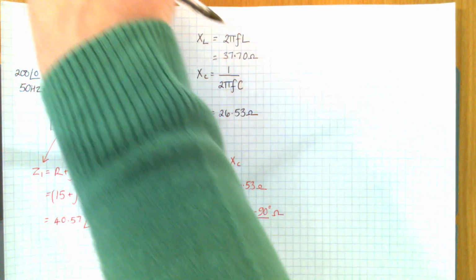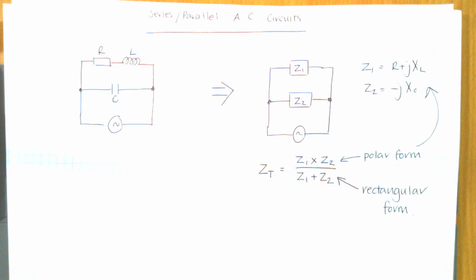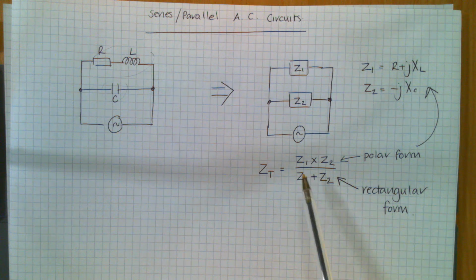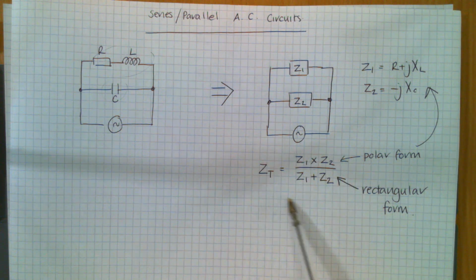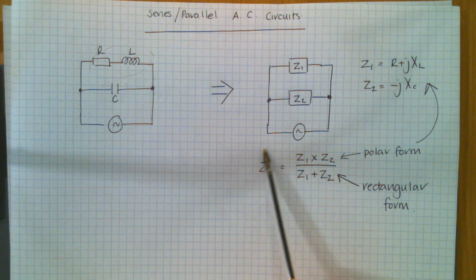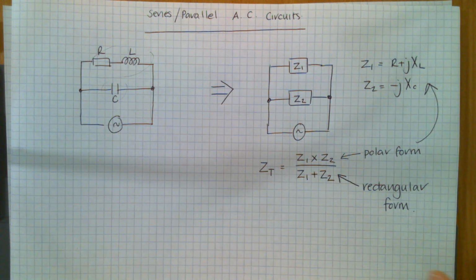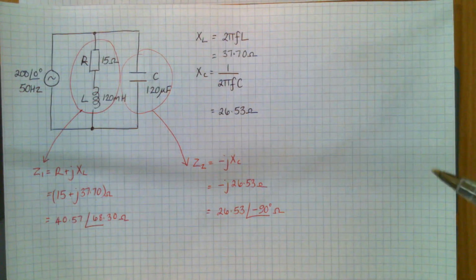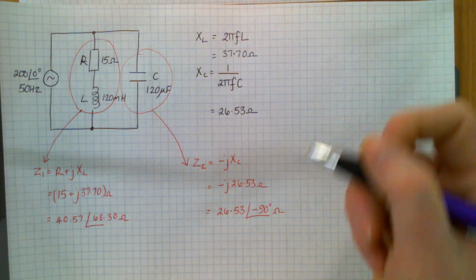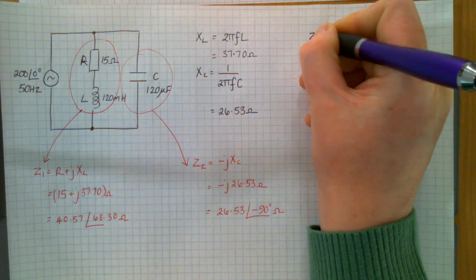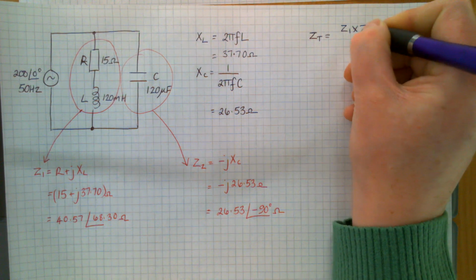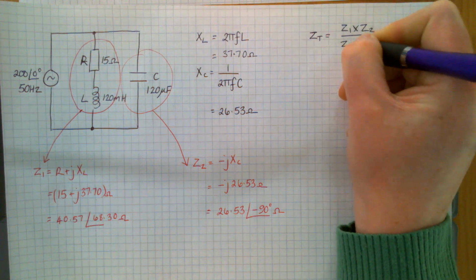So then looking back, no problem with focusing today. This is now what you're going to try to do to get your parallel impedance, your total impedance. You're going to use that formula there for ZT. So you're going to do Z1 times Z2 over Z1 plus Z2.